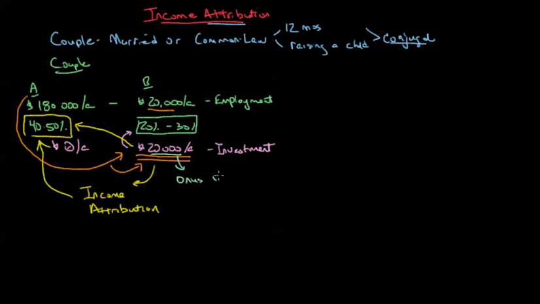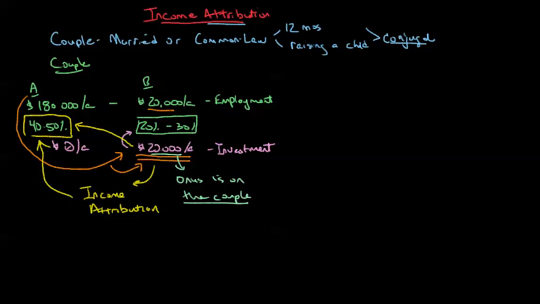So the onus is on the couple. The assumption, the way that our Income Tax Act is written, is that otherwise A is the source of this investment, whatever investment it is, that's generating this $20,000.